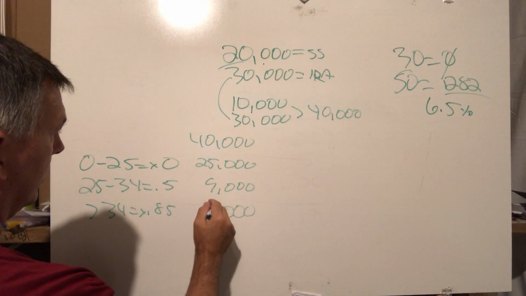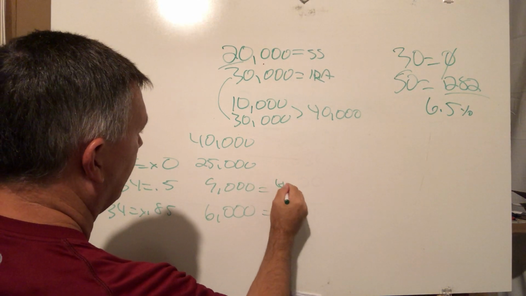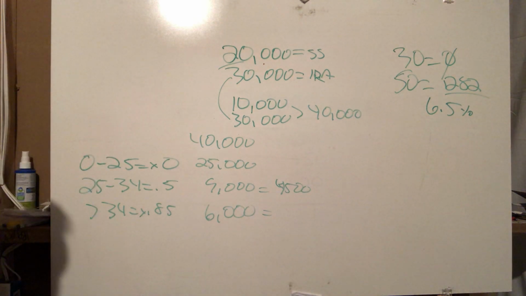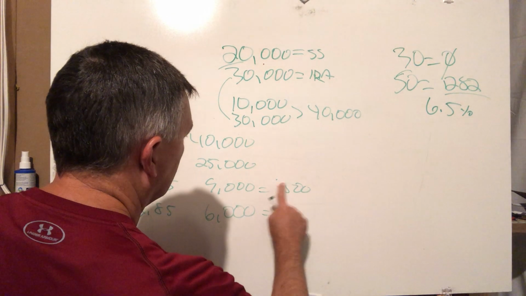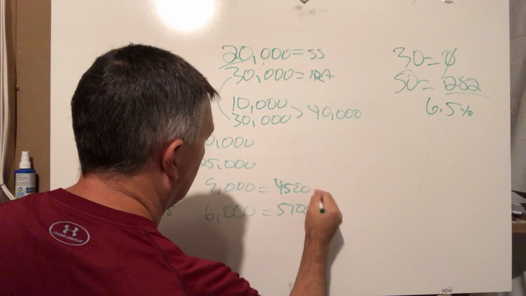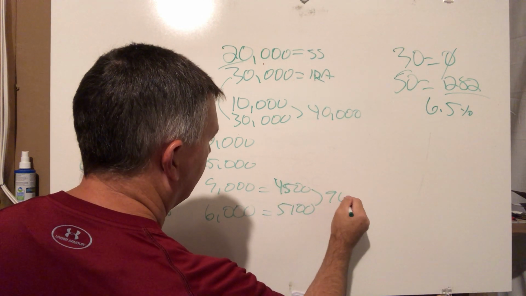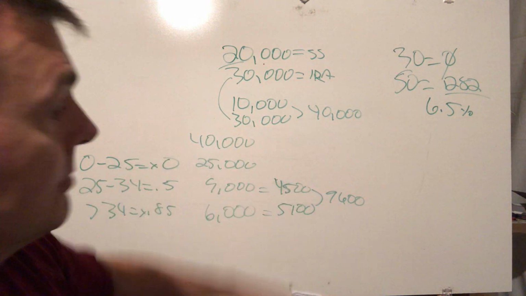So 25 to 34, yeah, there you go. So that's $4,500, and $6,000 times 0.85 is what? $6,000 times 0.85 is $5,100. $4,500, $5,100. So that's $9,600.